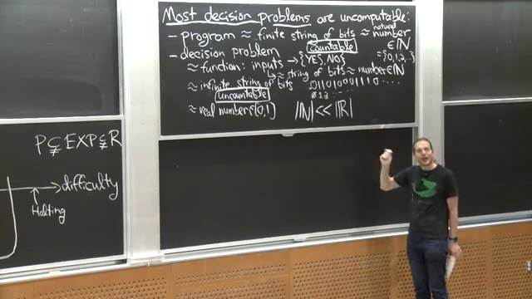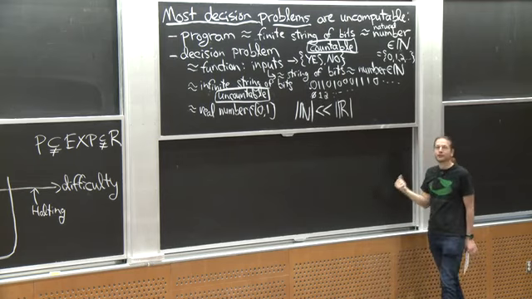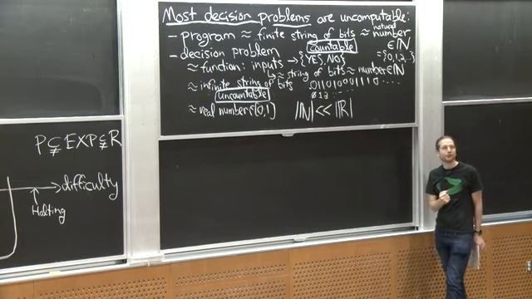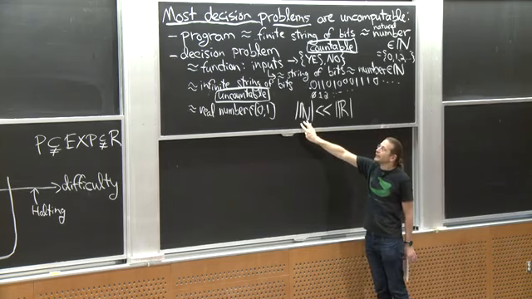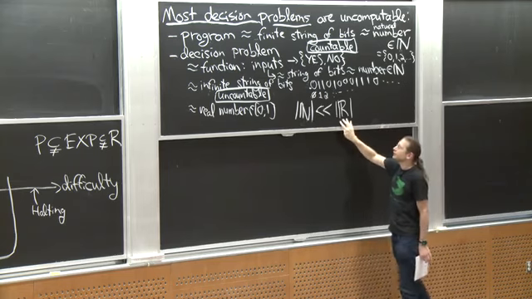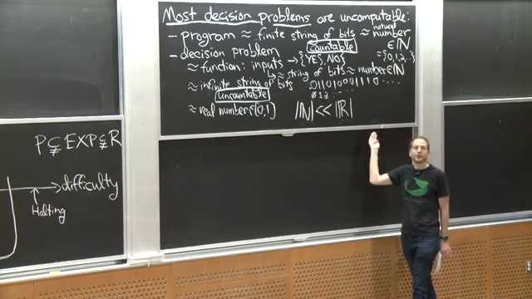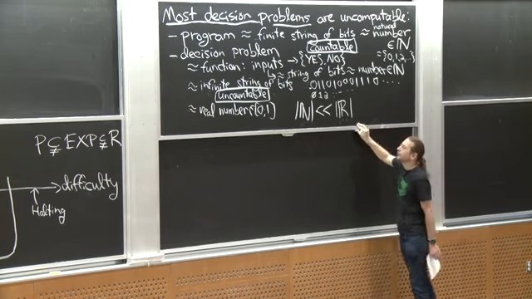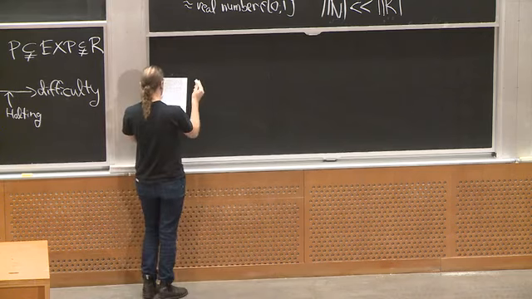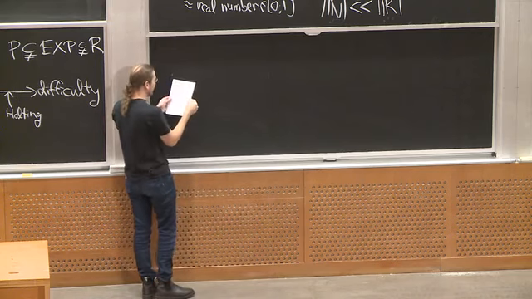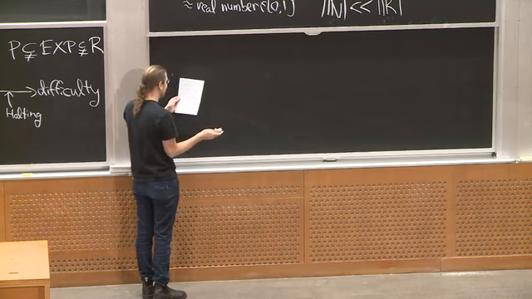And that's actually the bad direction for us. We'd like to know whether there is a program that solves every decision problem. And because there are only this many programs and this many decision problems, there aren't enough to go around. So the phrasing: not nearly enough programs for all problems.